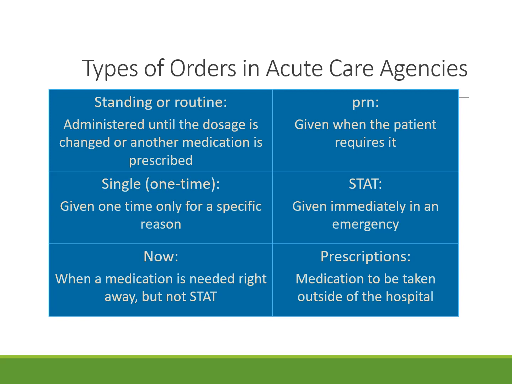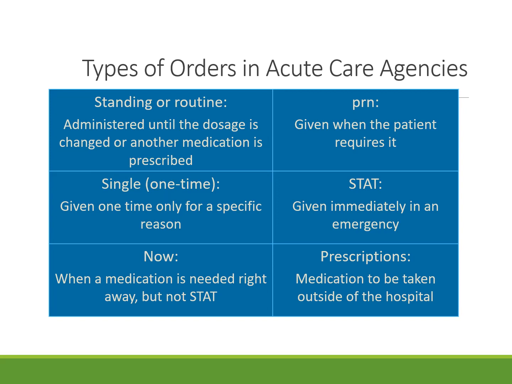You also have PRN, given when the patient requires it. For example, the doctor's order goes like this: mefenamic acid 500 milligram Q6 hours PRN. That means if there is a PRN at the end, it is given if the patient requires it or when necessary.